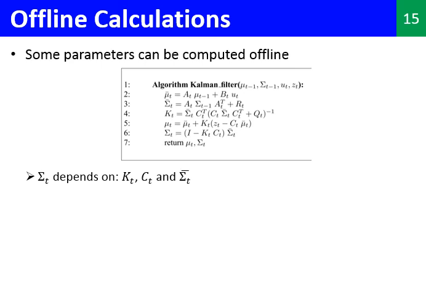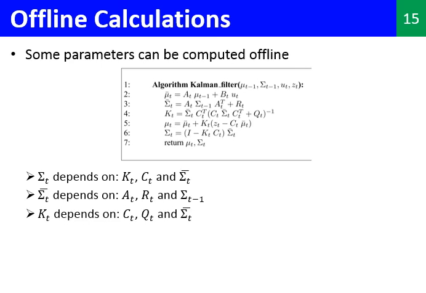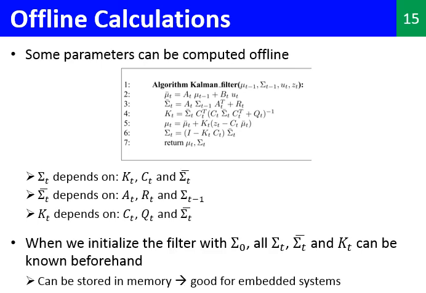Similarly, sigma t bar depends on A, R and sigma t minus 1. Also, the Kalman gain K t depends on C, Q and sigma t bar. So when we initialize the filter with a certain sigma 0, all the sigmas and K's can be known for the future. So they can be stored in memory, which is a good thing for embedded systems.